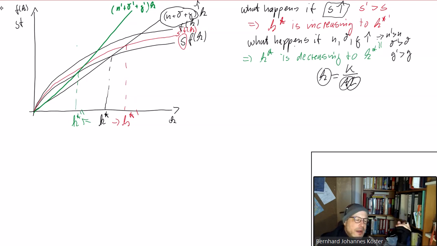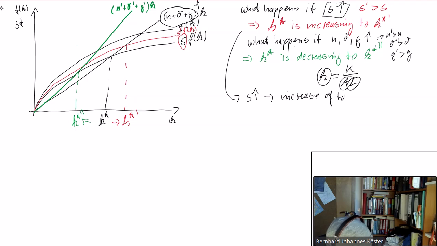And if we compare this, what we have also talked about within this lecture, with the Keynesian model, so especially here, as k goes up, we have an increase of total income y, since y is just a function of k.